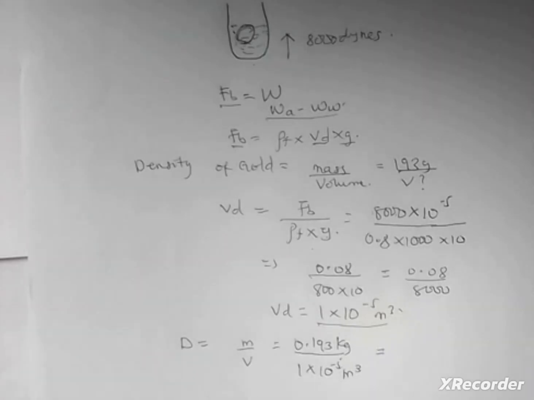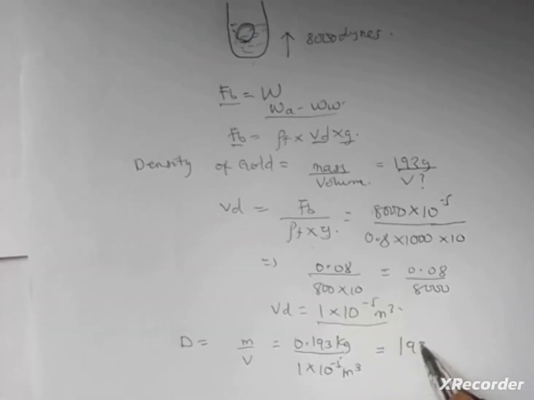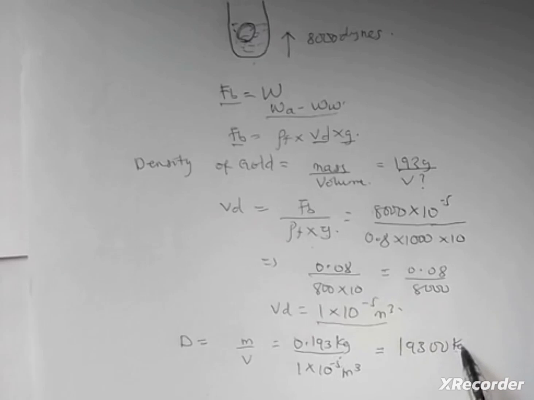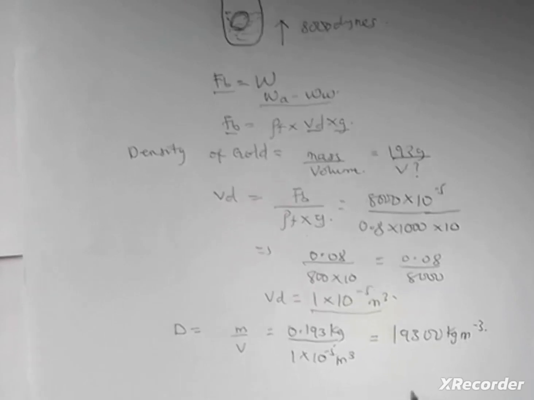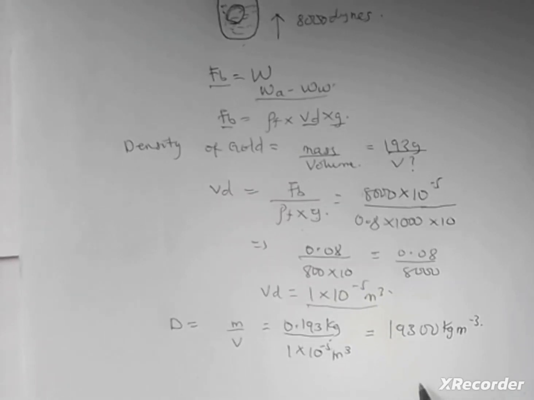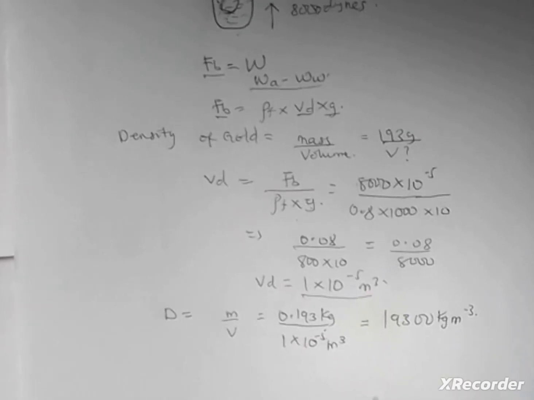So I'm going to get my density to be equal to 19,300 kilogram per meter cube. So this is the density in kilogram per meter cube. And if you want to convert it to grams per centimeter cube, you just divide it by 1,000. So this is the same as 19.3 grams per centimeter cube.